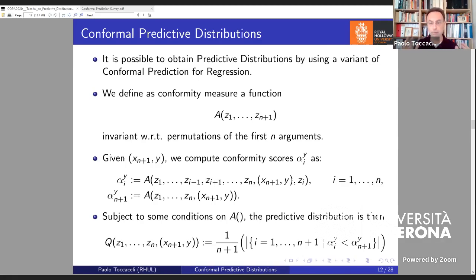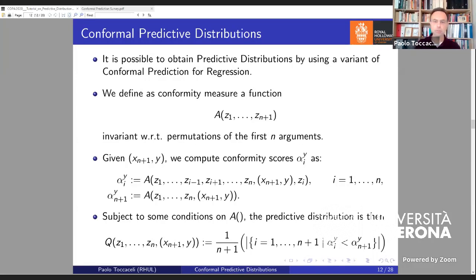We are basically retraining our underlying algorithm with a new training set in which I replaced the test observation in place of the ith element. And I obtain n+1 alphas.